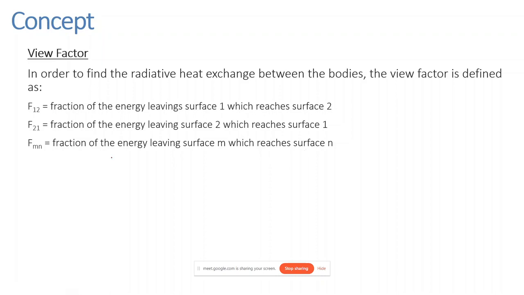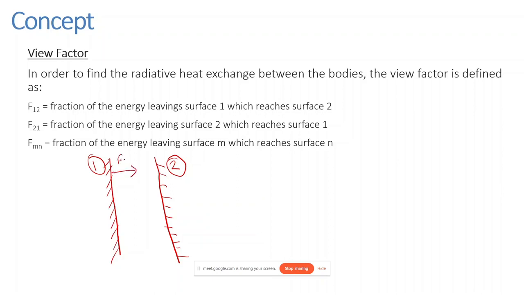Let's say I have two surfaces over here, and in both cases the inner side is the reflecting one. I will call this surface 1 and this surface 2. Then F12 will be the fraction of energy that leaves surface 1 and reaches surface 2.